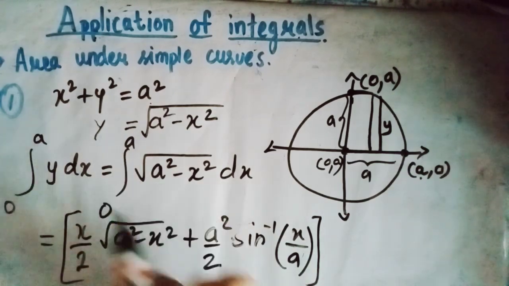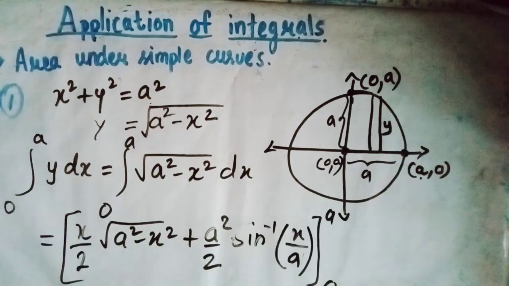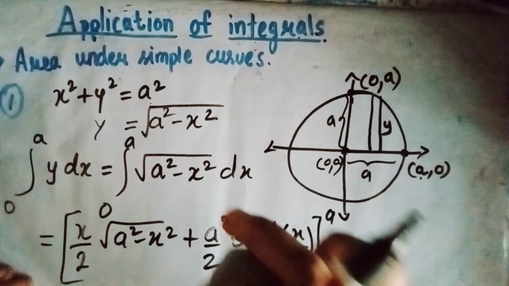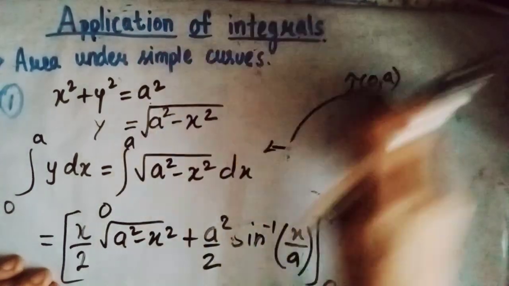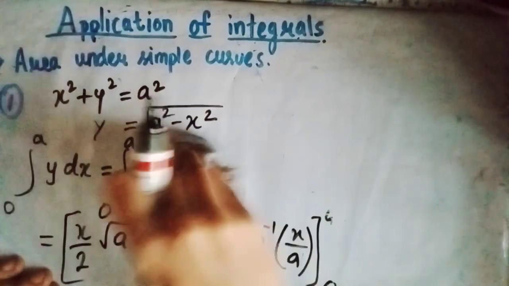Now you have to put limits from 0 to a. Now you have to solve this. So you have to put 0 and a. First you have to put a.